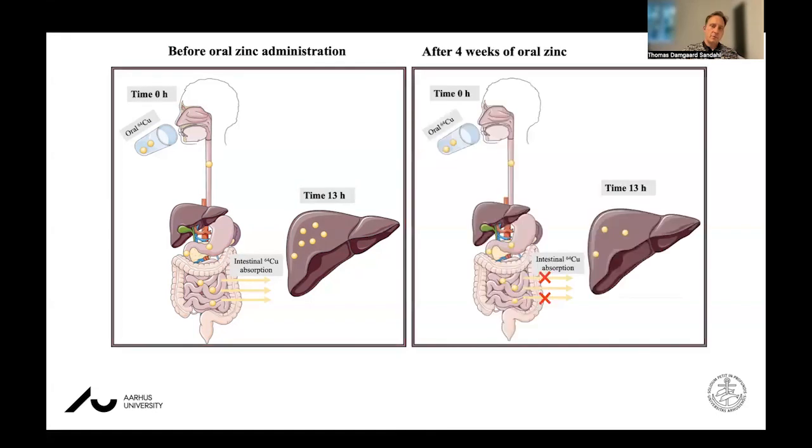And then after 4 weeks of oral zinc treatment, we did it all again: orange juice, and then measured how much copper had gone to the liver. The idea, of course, being that the way zinc works is it blocks copper absorption. So we should see less copper in the liver after 4 weeks of zinc treatment.